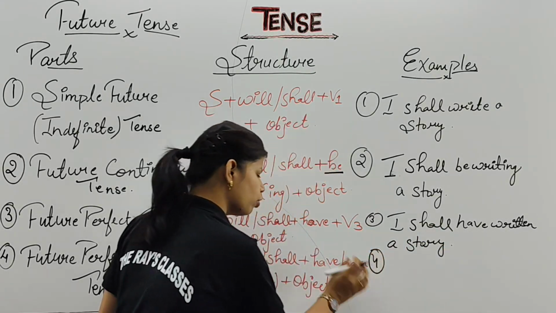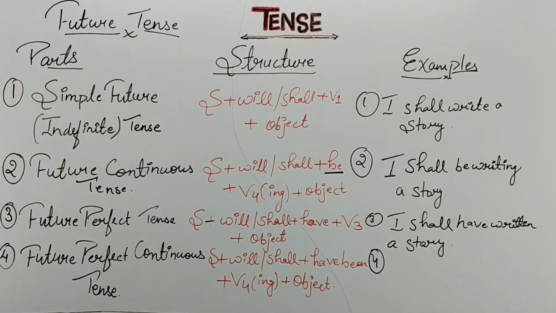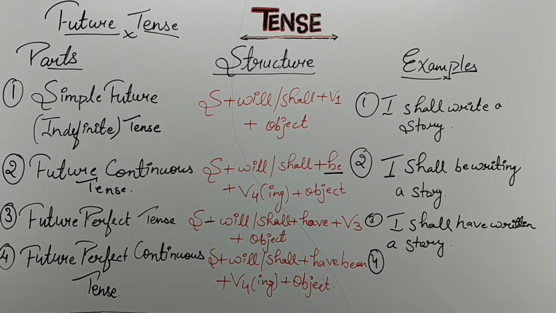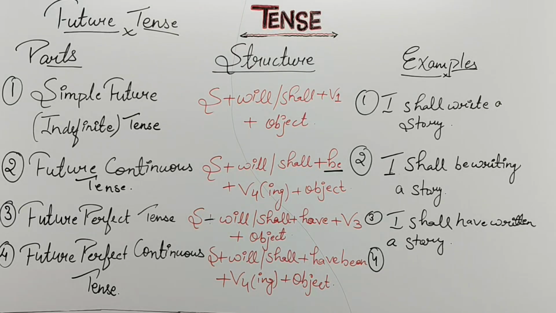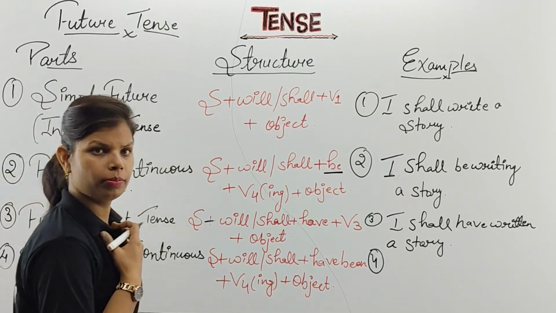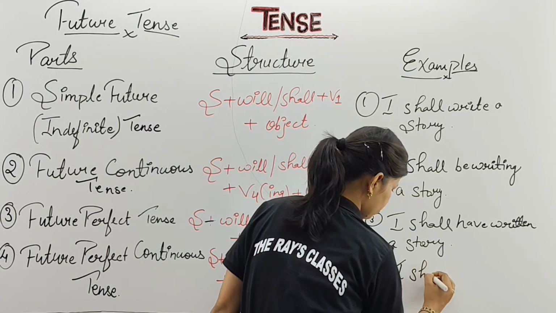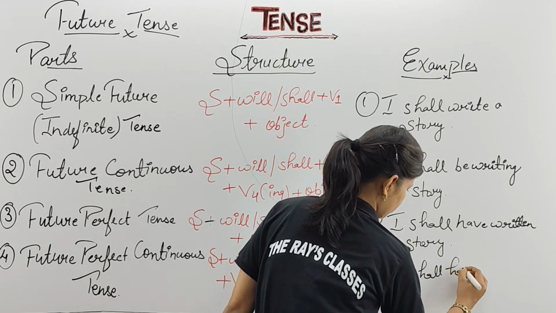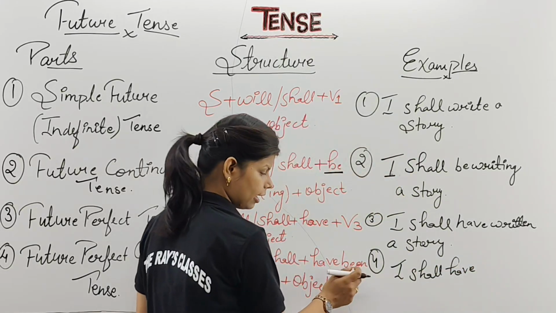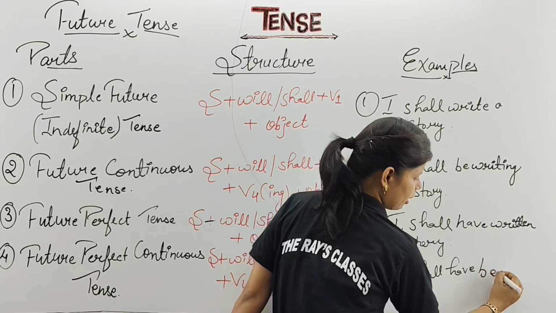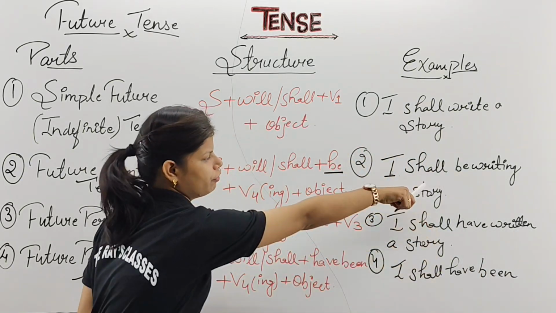Now I expect the fourth one from you. Like the third one, I have written, no? I shall have written a story. What is the fourth form? Okay. I shall have. After that you are having been, because here we have used be.